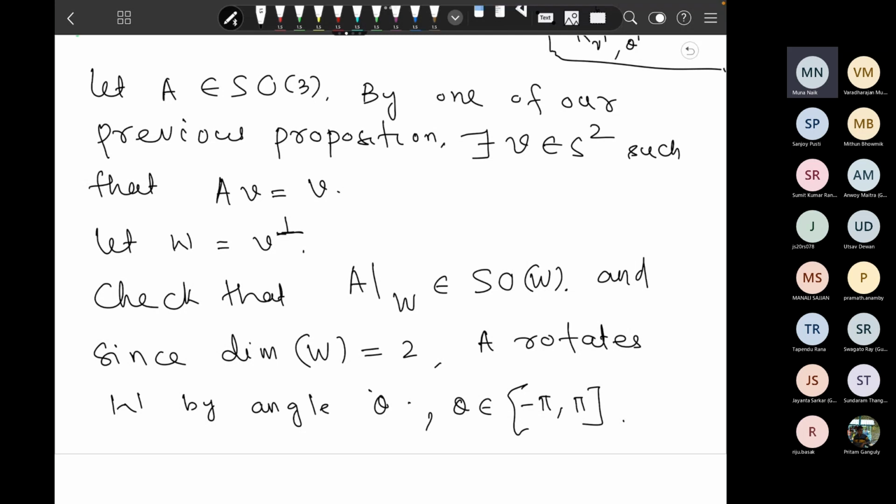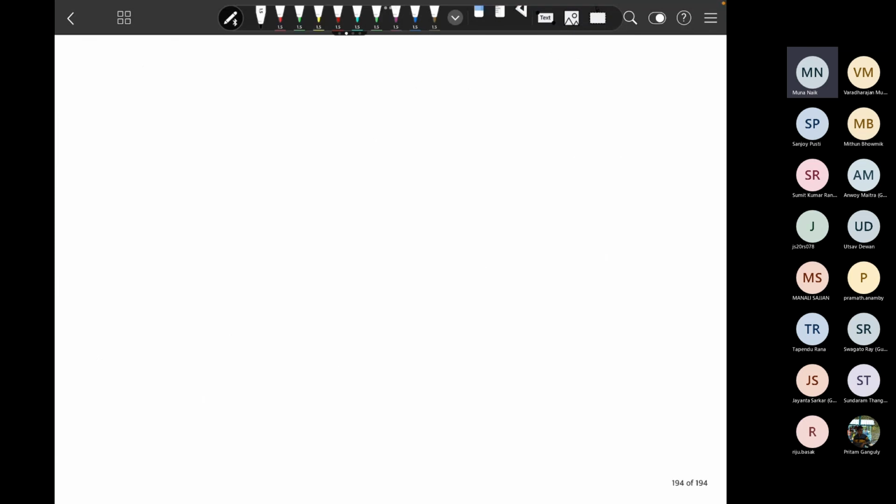W is rotated by an angle theta belonging to minus pi to pi. So this implies A is equal to R_B(theta), where theta belongs to minus pi to pi.